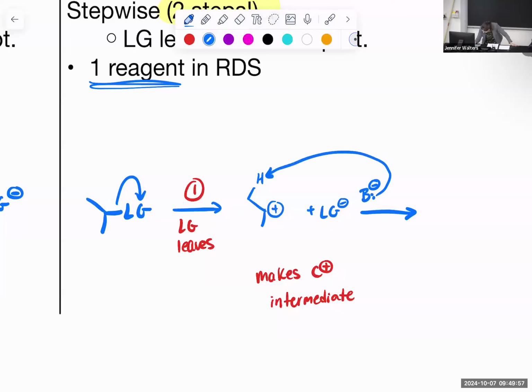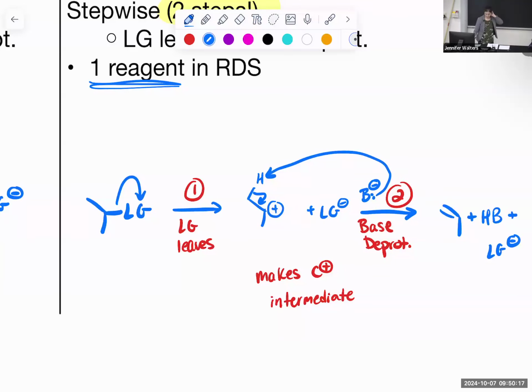Why can't I draw a curved arrow? There we go. So in step 2, now base deprotonates to make the alkene.